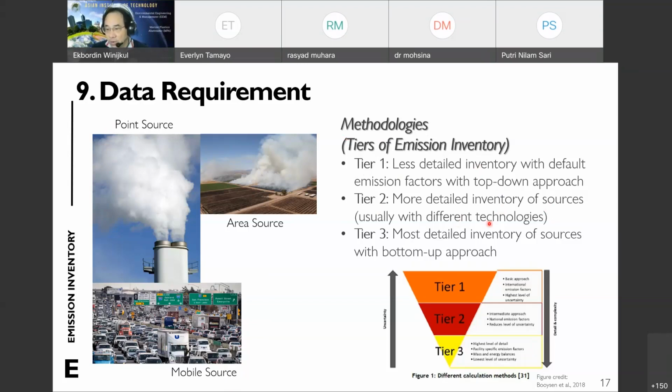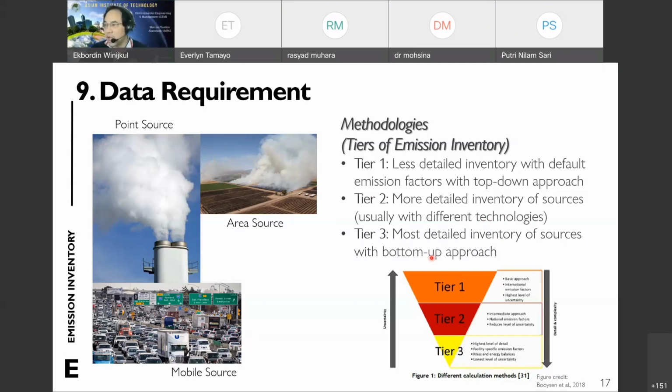For example, if we're talking about cars with Euro 1, Euro 2, Euro 3, and we classify those car technologies in our emission inventory, those are considered tier 2. And tier 3 is the most detailed inventory, which is the bottom-up approach.